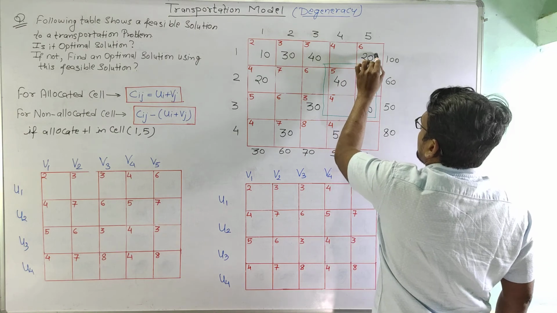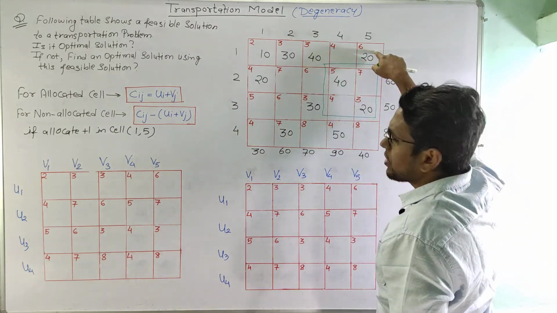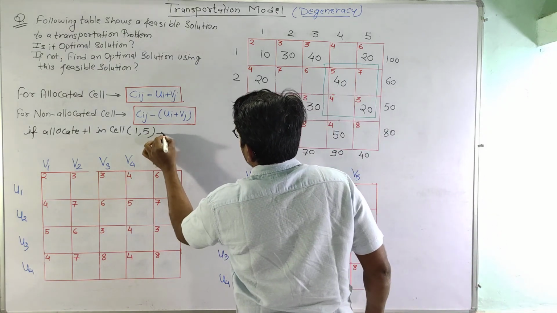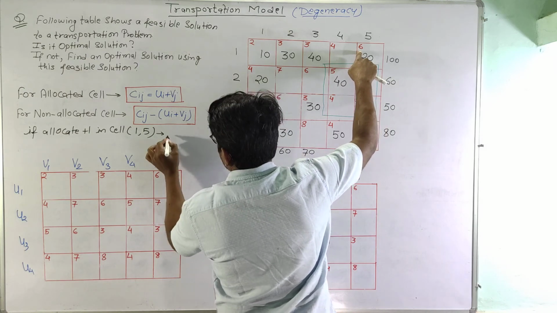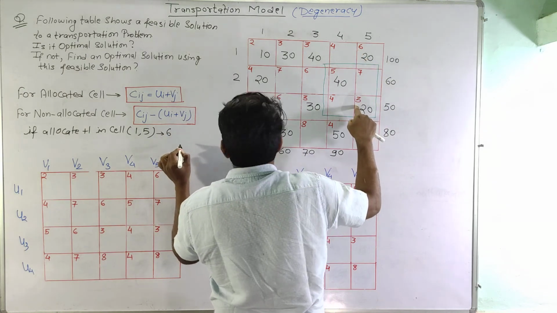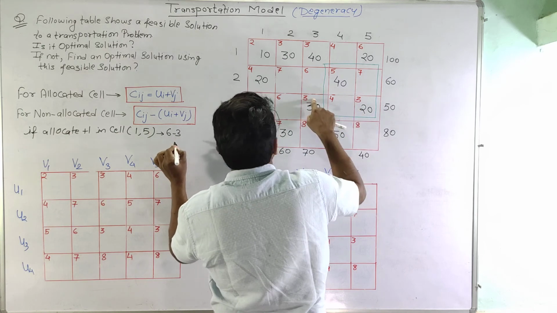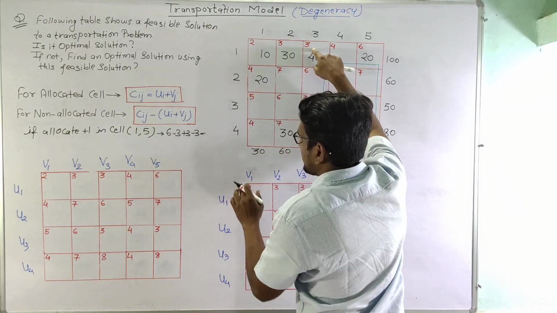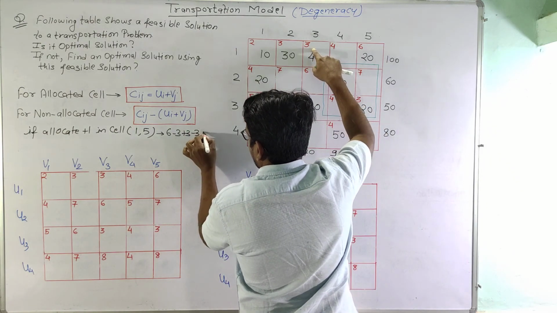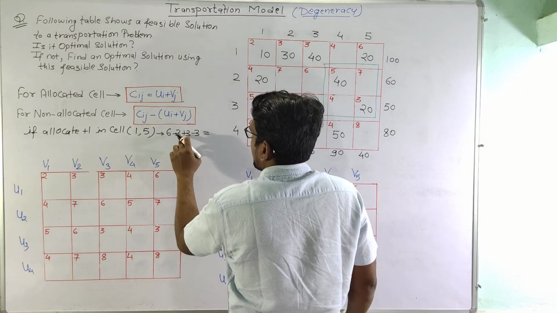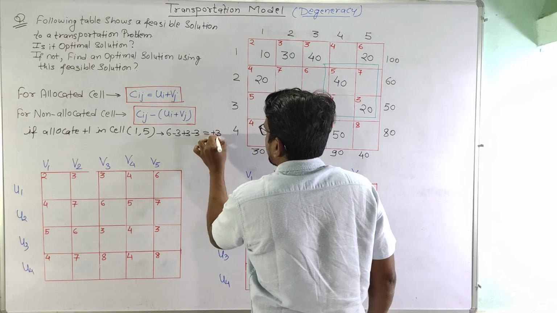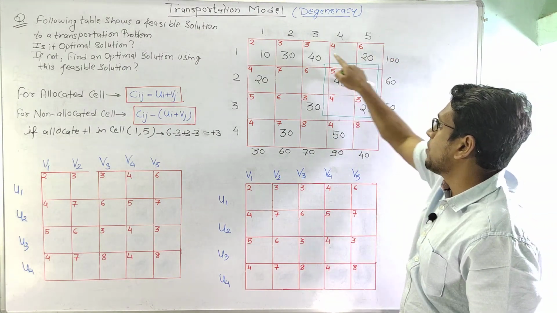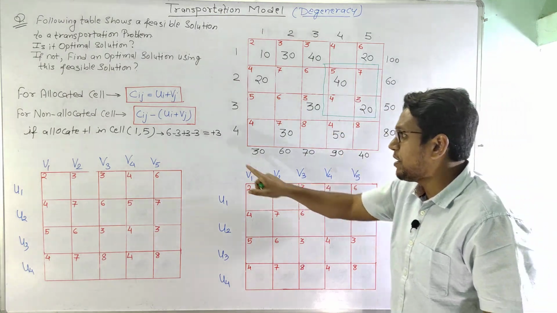If I allocate this here, the overall transportation cost can be given as plus 6, minus 3, plus 3 and minus 3. So from this we can see that the overall change in the transportation cost is plus 3. That means if I allocate 1 unit extra here, then the overall transportation cost is increased by 3.